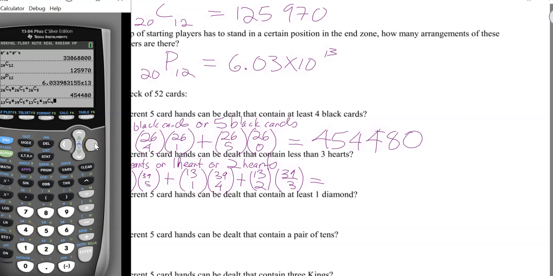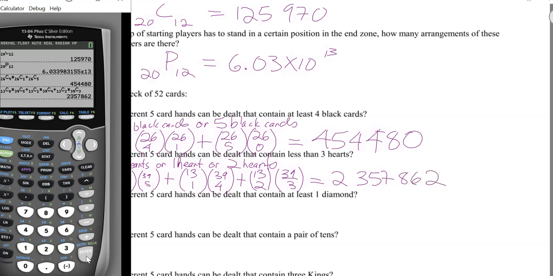Okay, and move up. Or 13 math choose 2, and multiply 39. Those are the cards which are not hearts. Choose 3. And here we go. 357,862.